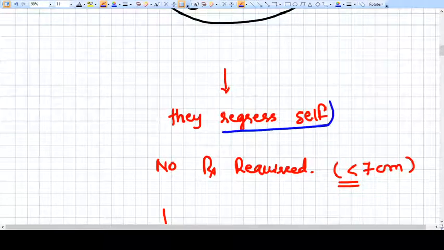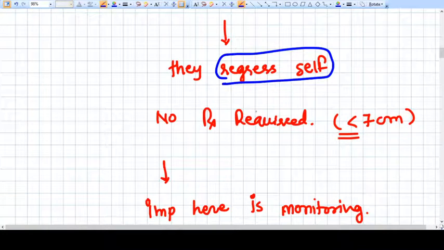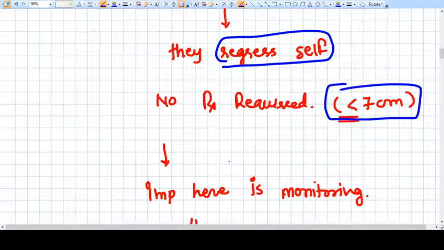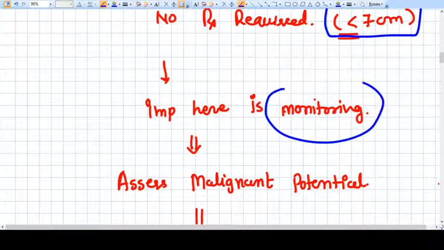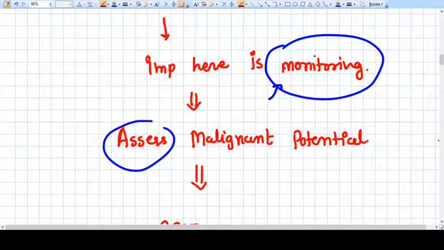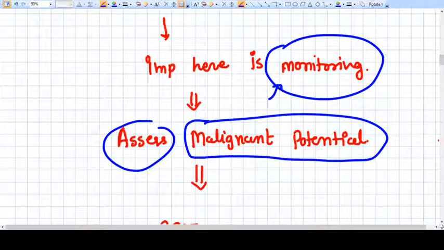They regress themselves. We don't need to provide treatment. Even when the size is more than 7 centimeter, generally we don't need to remove those cysts. They regress by themselves. But what is important here is not the treatment. The important thing is monitoring the cyst and assessing the malignant potential of that cyst.